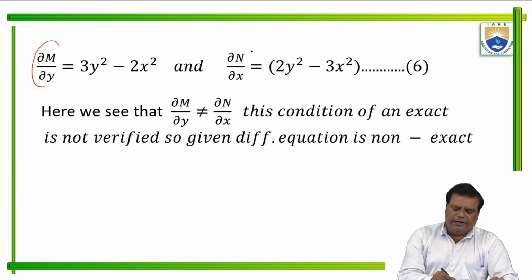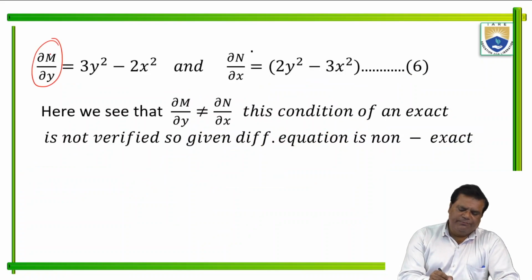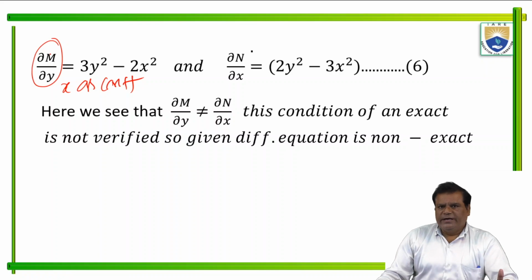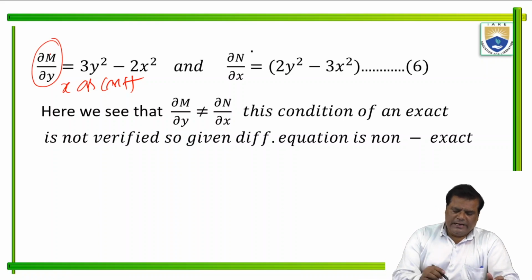Now del m over del y is a partial derivative, differentiation of m with respect to y, keeping x as a constant. In partial derivative, if we are differentiating with respect to y, then we keep x as a constant.